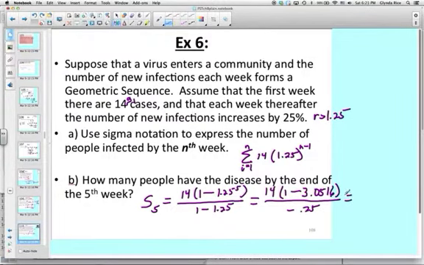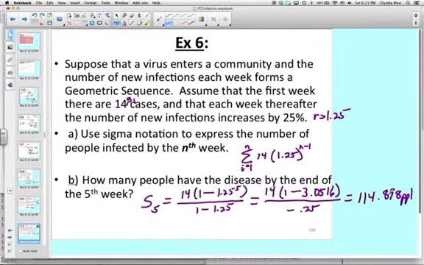In my calculator, I'm going to keep the decimal, so 14 times 1 minus, use that number, so answer, and then divided by negative 0.25. And I got 114.898 people, right? How many people?